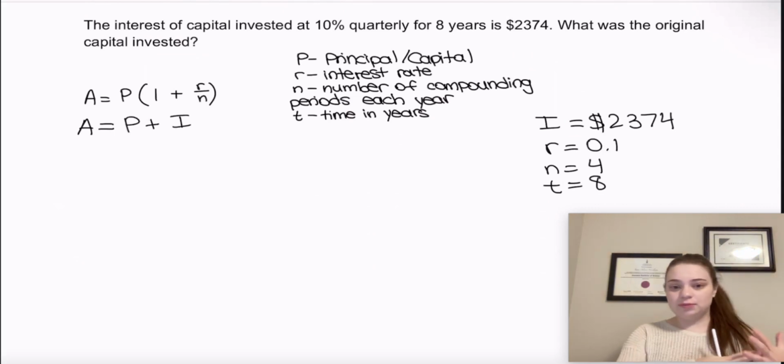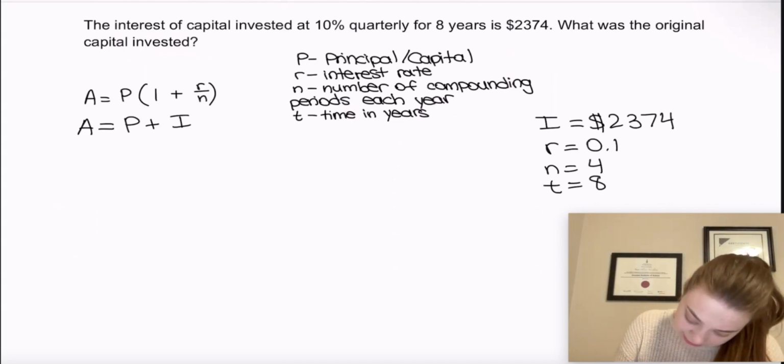The total amount that will be accrued after a given amount of time is equal to the principal. So we still have the amount we originally invested in the first place, plus we have the interest. And so therefore, what we can do is swap A for P plus I, and we do know the interest amount is $2,374. And with that, we are going to be able to solve this question.